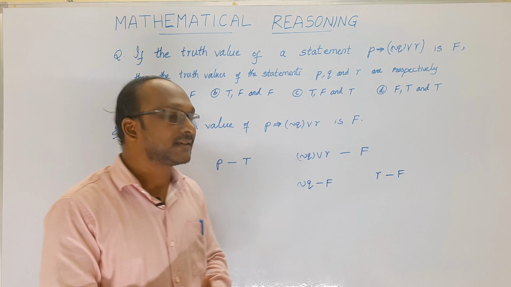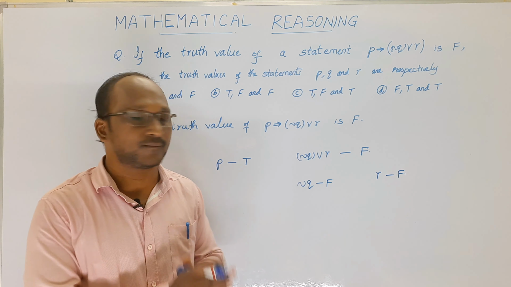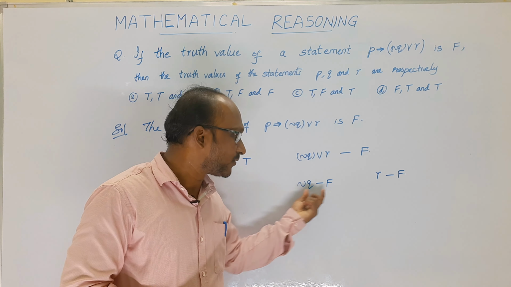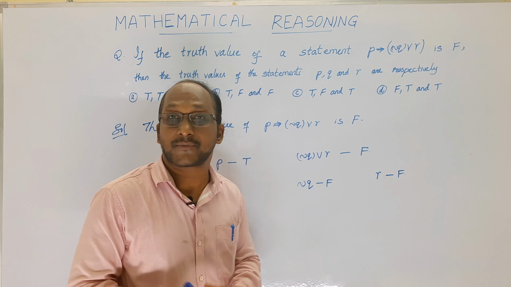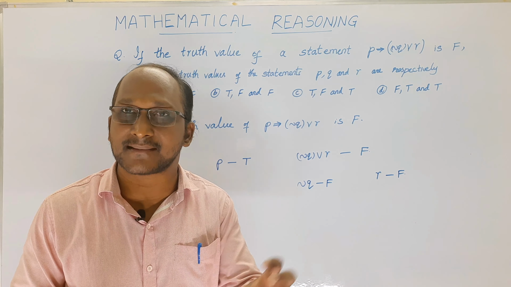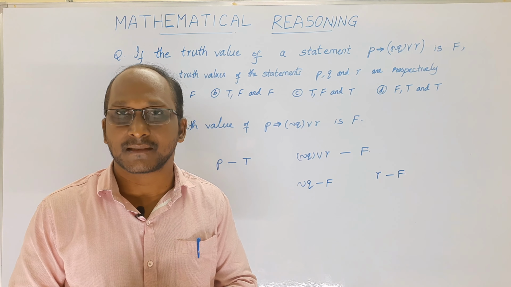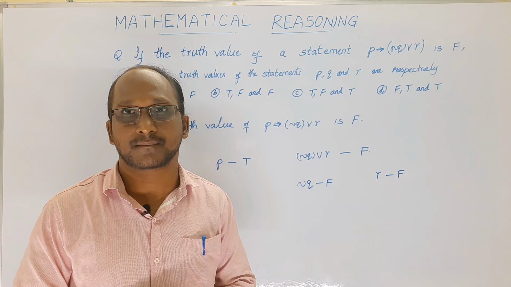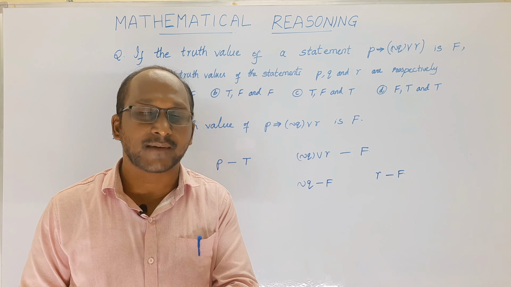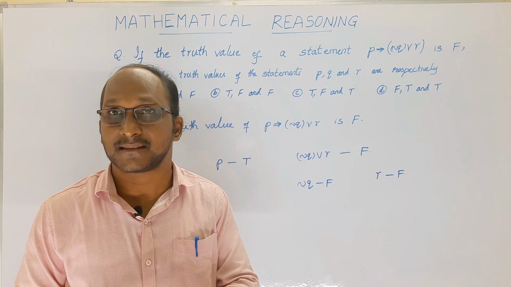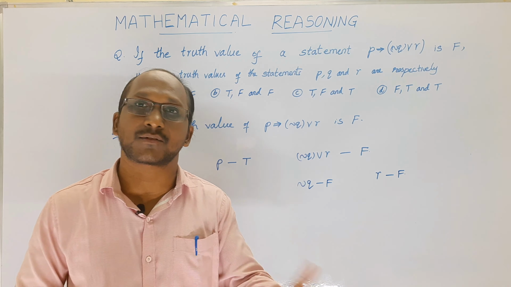Now we have to find the truth value of the statement Q. But here we have got that the truth value of the negation Q is false. But we know that if the truth value of any statement is true, the truth value of its negation is false. And in the same way, if the truth value of any statement is false, then the truth value of its negation is true.